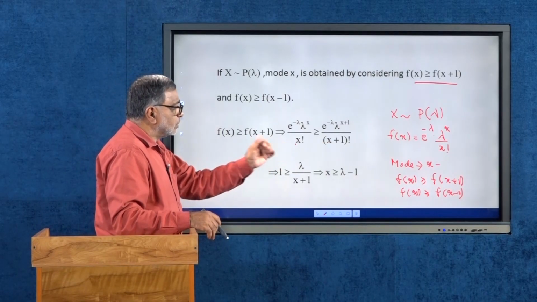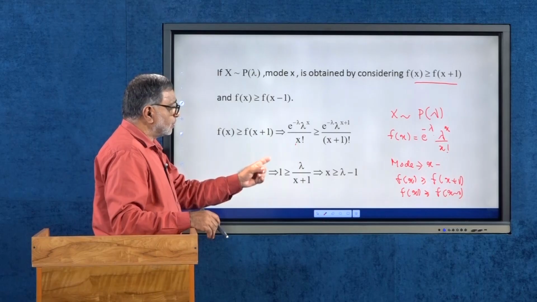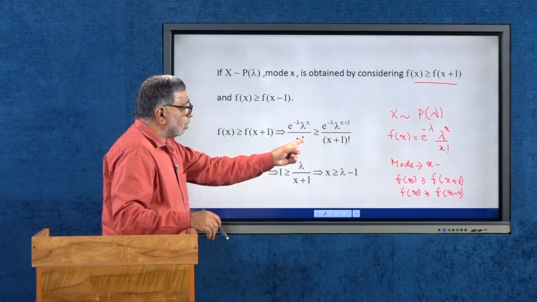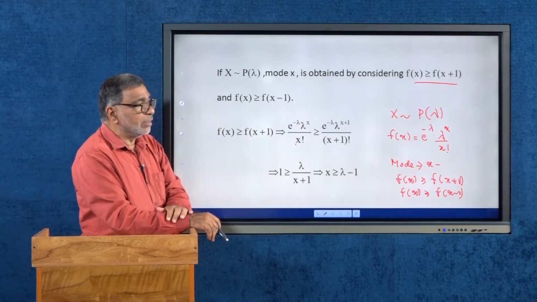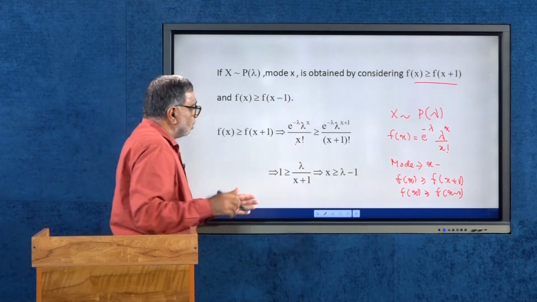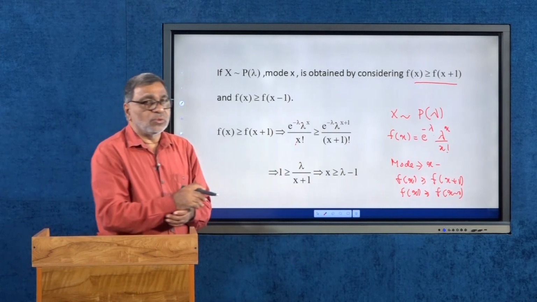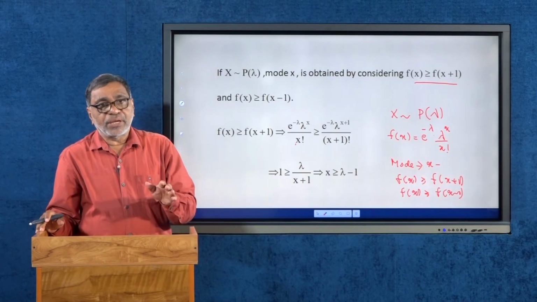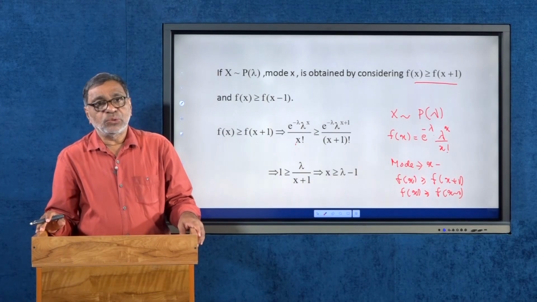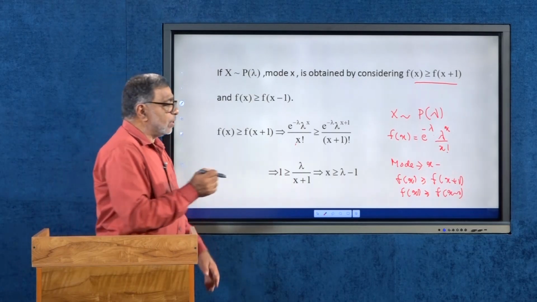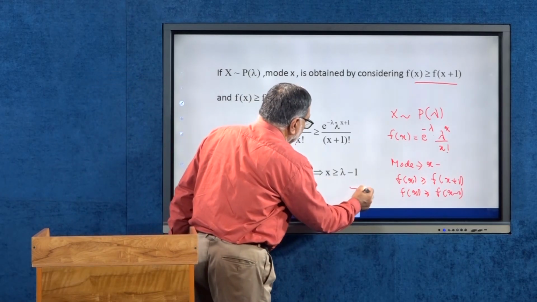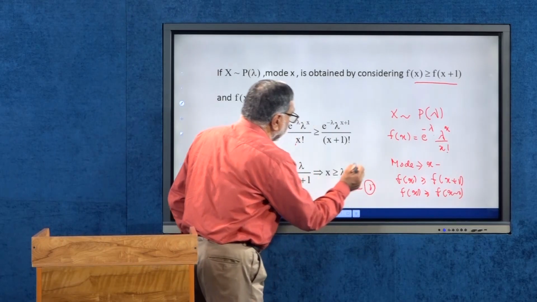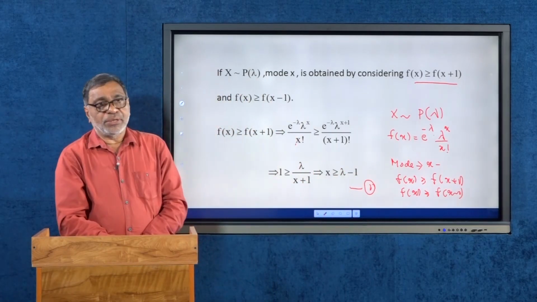When we cancel the common factors, this becomes 1 and this is x plus 1. So, finally, we have 1 greater than or equal to lambda divided by x plus 1, and from that we have x greater than or equal to lambda minus 1. This is the first inequality we have.